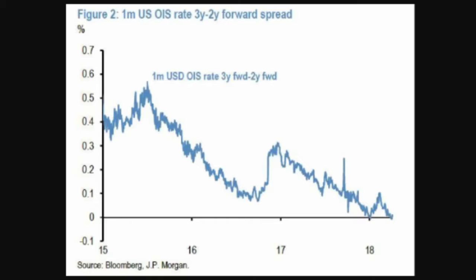And as you can see, the spread was 0 at the beginning of 2018, just right before we had the first correction. And then now it had a bounce and came back down, and we're at 0 once again. So the question is, what happens next?